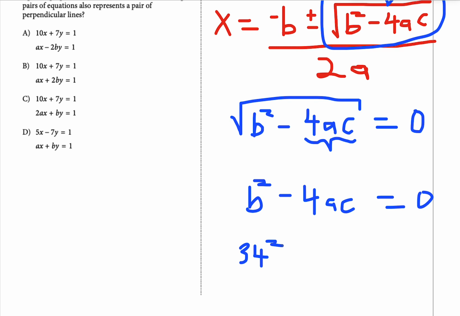We get 34 squared minus 4 times 1 times c, since a is 1.